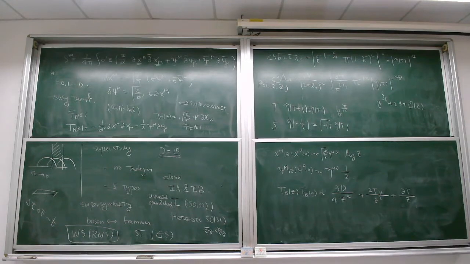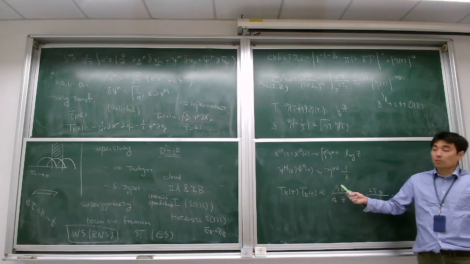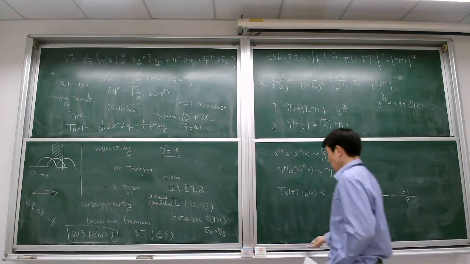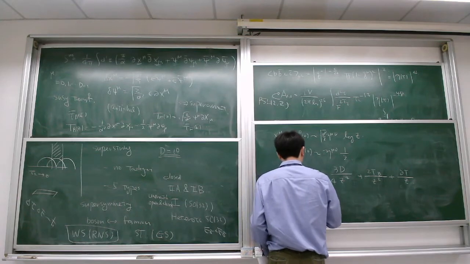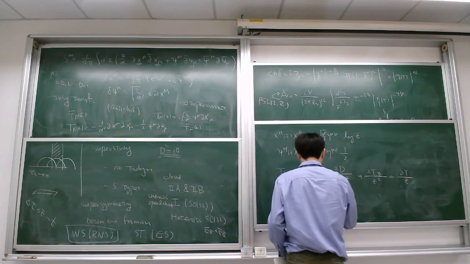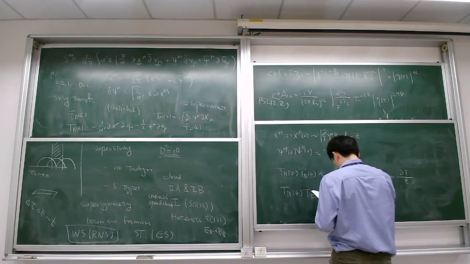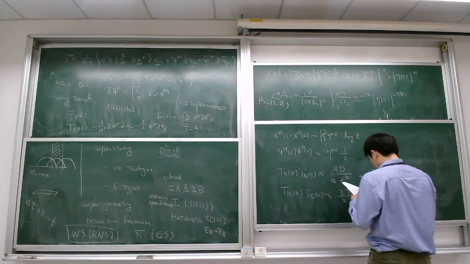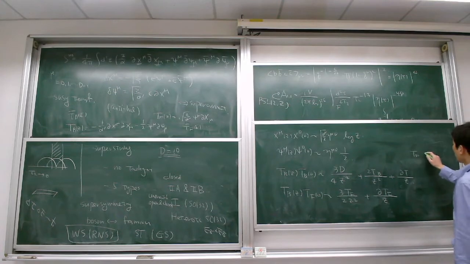So that's the TT OPE. Now remember that here it's a bit different from before due to the presence of the fermionic field. Also, you can have the OPE between the supercurrent and the supercurrent. And this one you get 3 over 2 T squared plus something. So this means that the supercurrent T_F is primary.